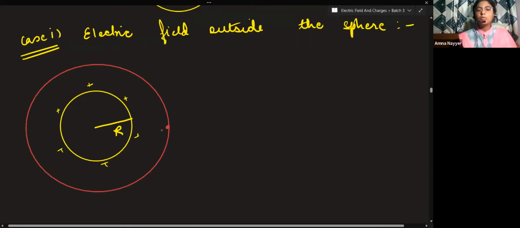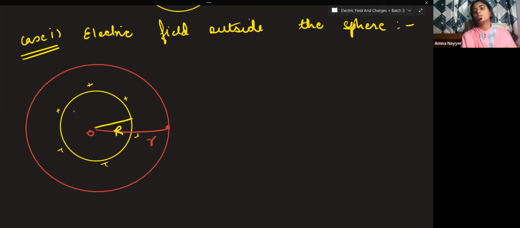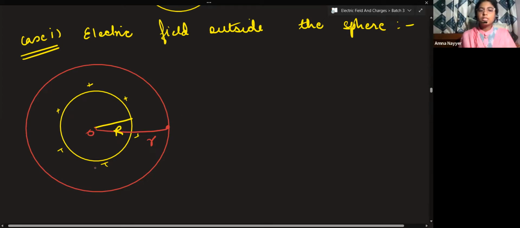Now I have to take the separation from the center of the sphere to this point as the radius of the Gaussian surface. This is your Gaussian surface. Now you can see all your charges are residing inside the Gaussian surface. That's why there's a need of a Gaussian surface. A Gaussian surface is any surface that encloses your charge. So this is the Gaussian surface and this is the radius of it.